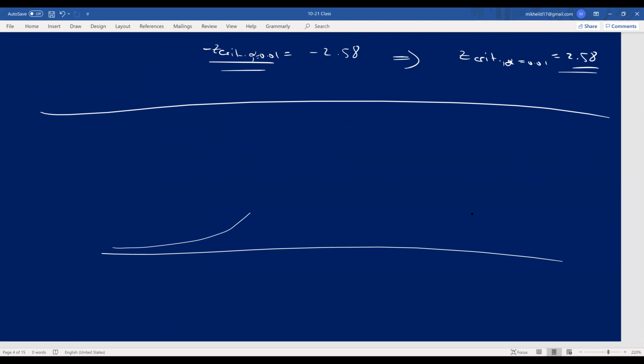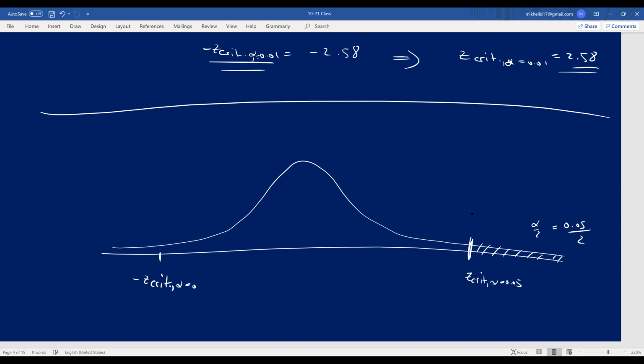Now let me go back. This is z critical when alpha equals 0.05. So this area is alpha over 2, which is 0.05 divided by 2, and this is minus z critical for alpha 0.05.